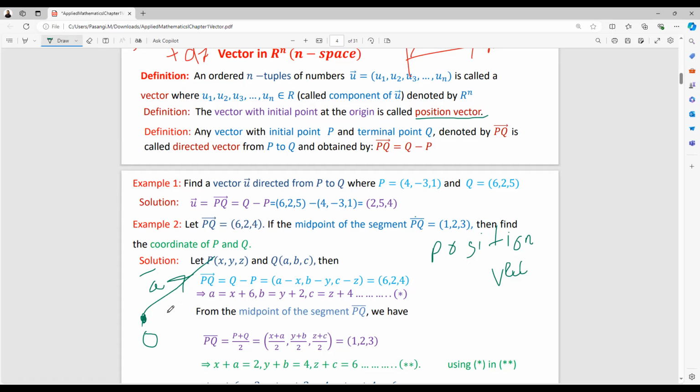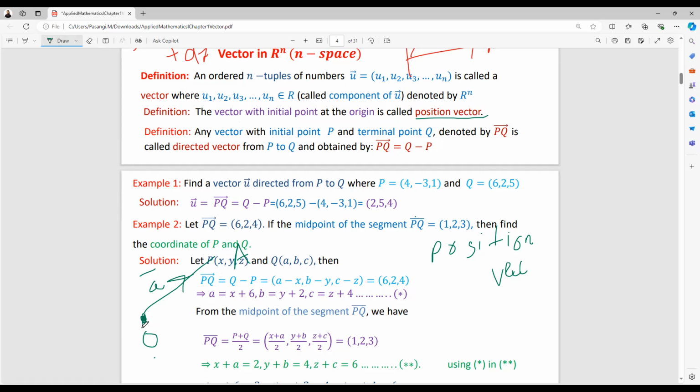Let's assume that the ending point is capital A. Then the position vector means the vector with the initial point at the origin.